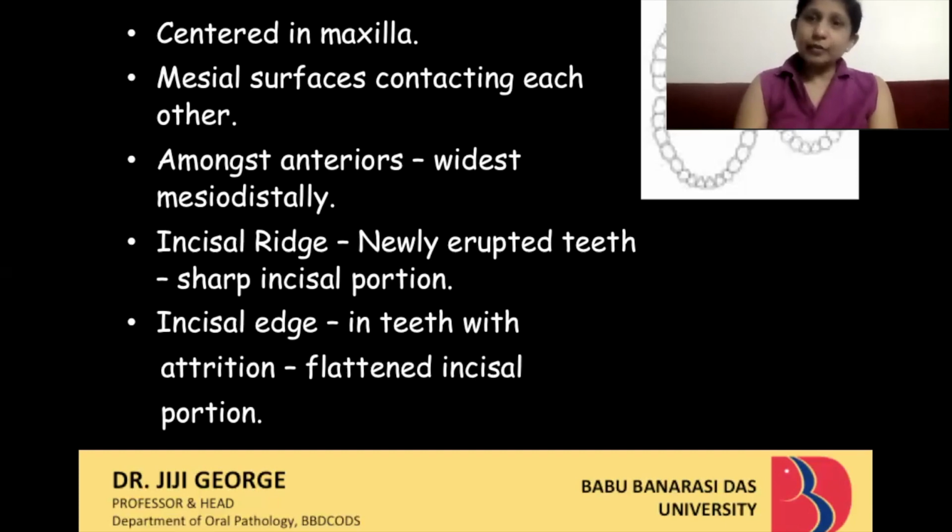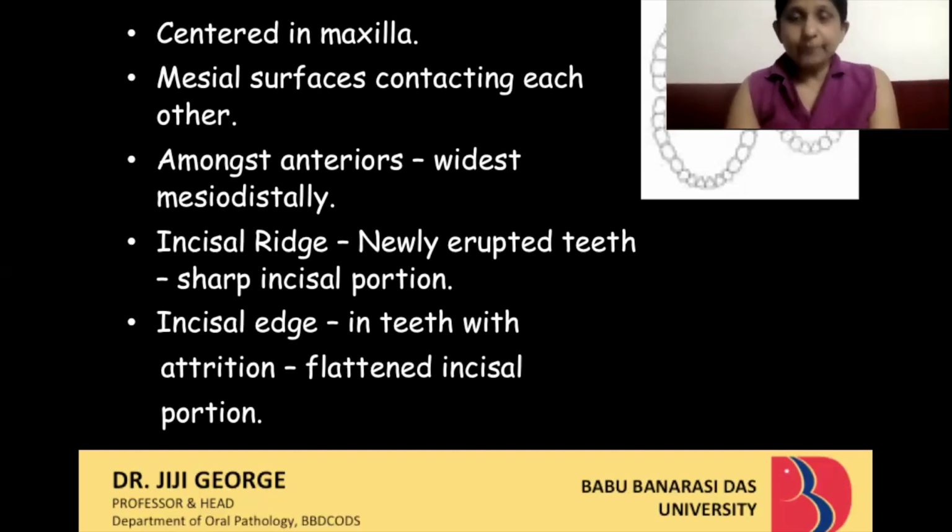In any other tooth, the mesial surface of the lateral comes in contact with the distal surface of the central. So it is only in the midline, just the central incisors, where the mesial surfaces of the opposite sides come in contact with each other.